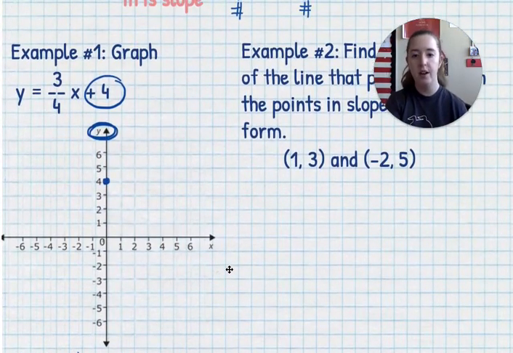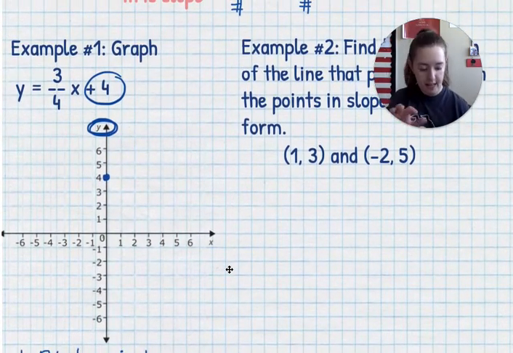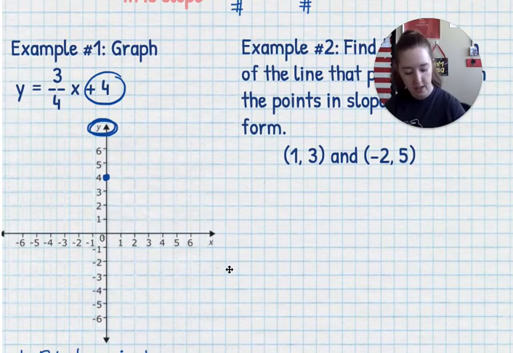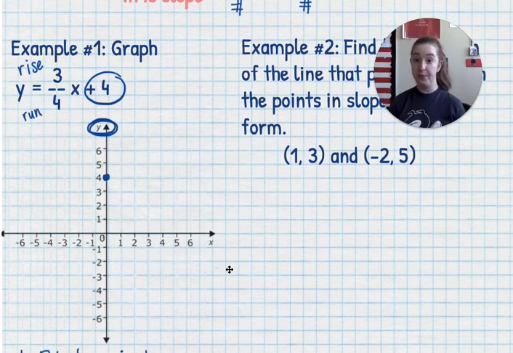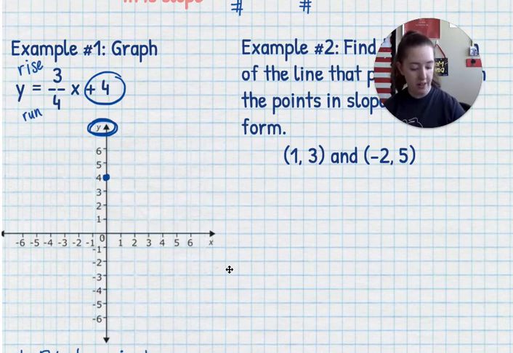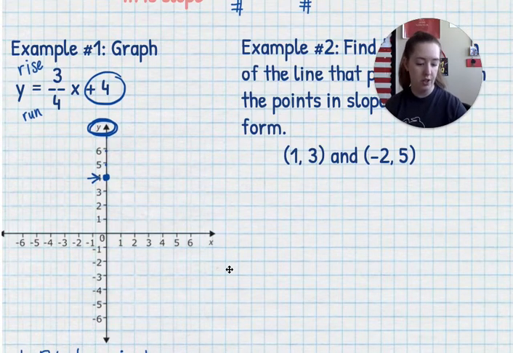All right, so my slope here is 3/4. So with that 3, I want to rise 3, and I want to run 4. So from my y-intercept right here at 4, I'm going to start right there, and I'm going to go up 3, 1, 2, 3, and then go to the right 4, 1, 2, 3, 4.